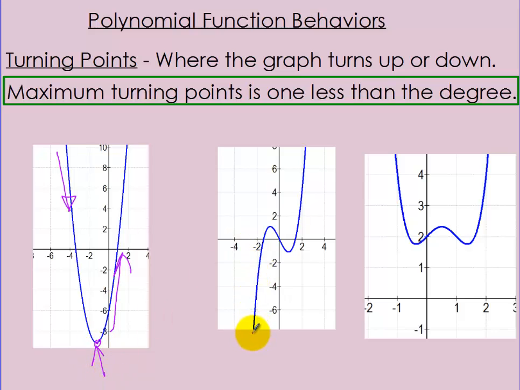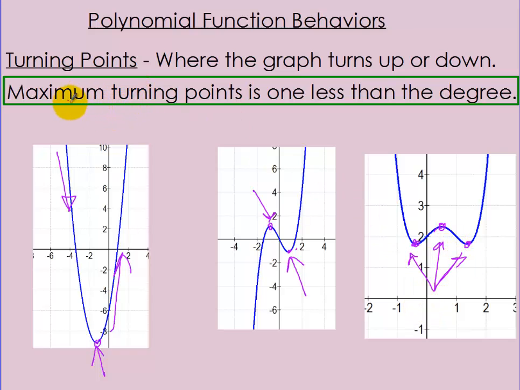In this case, going from left to right, you start going up, and once you hit this point, you start going down. When you hit this point, you start going back up again. So these 2 points are the turning points. In this case, you start going down, and then you hit this point down here and start going up. Then at this peak, you start going down again, and at this point, you start going up. So in this case, we have 3 turning points.